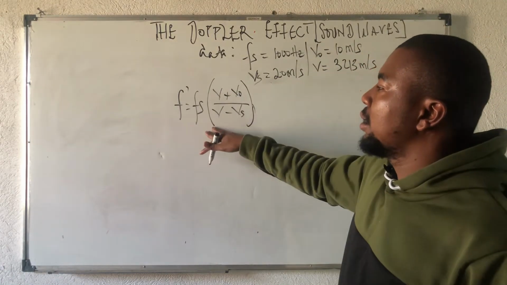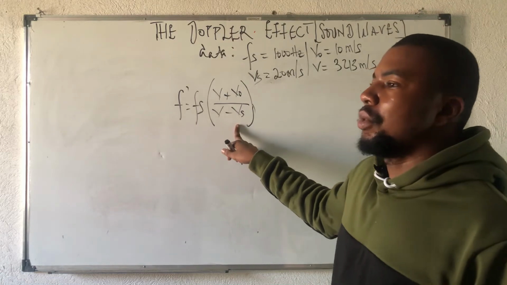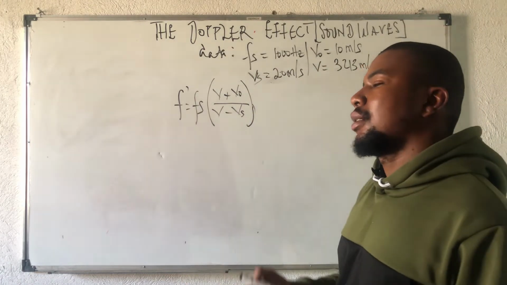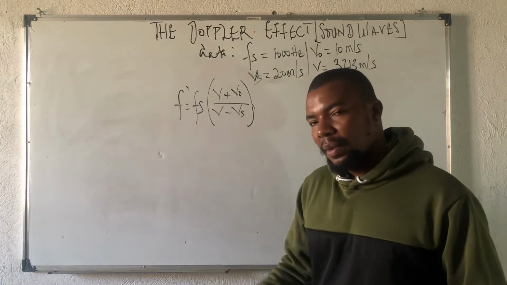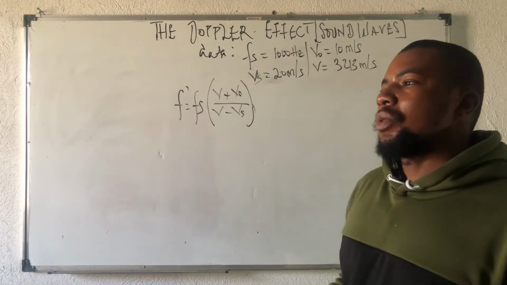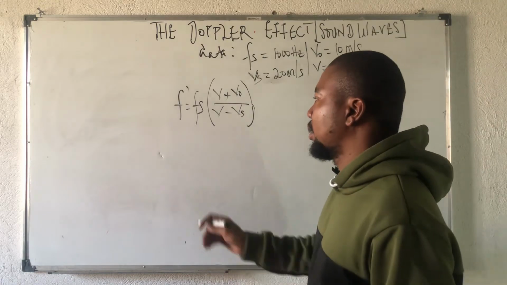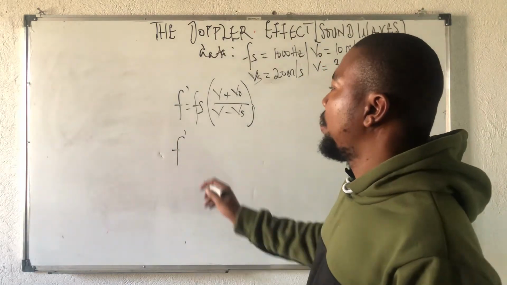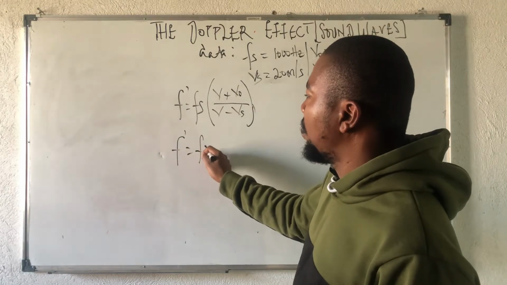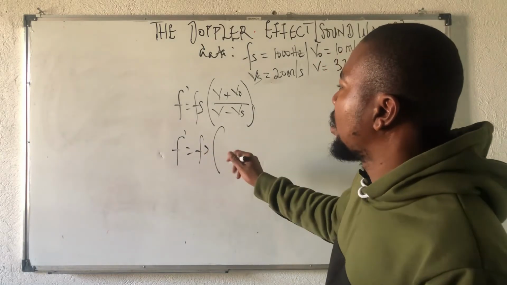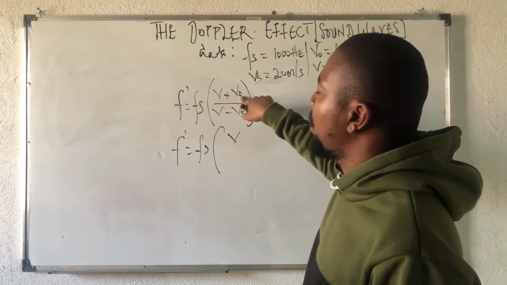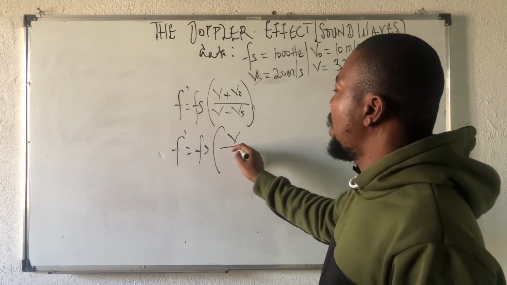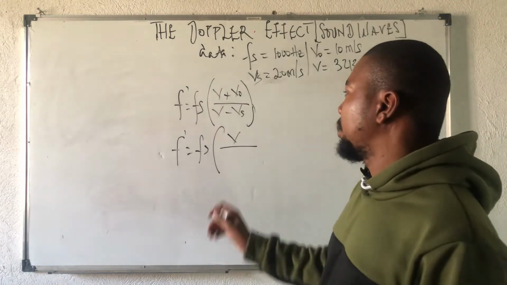In this case, we cannot use the same formula because the observer is stationary. If the observer stops, what will be the new observed frequency? Our observer velocity now becomes 0, while every other thing remains the same.